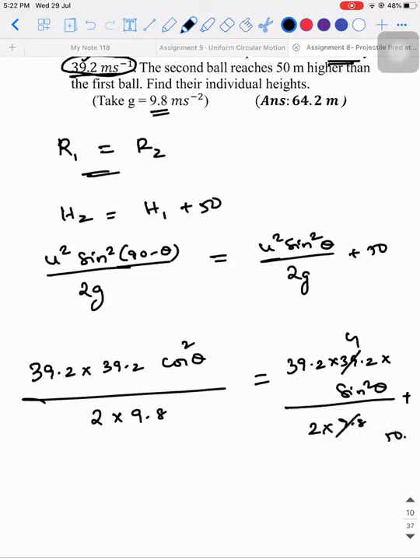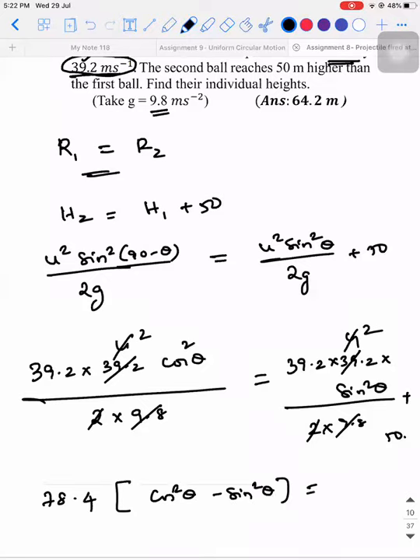So this 9.8 and this will get cancelled, 4 times, 2 times. So 39.2 into this is 78.4 into cos square theta minus sine square theta is equal to 50.